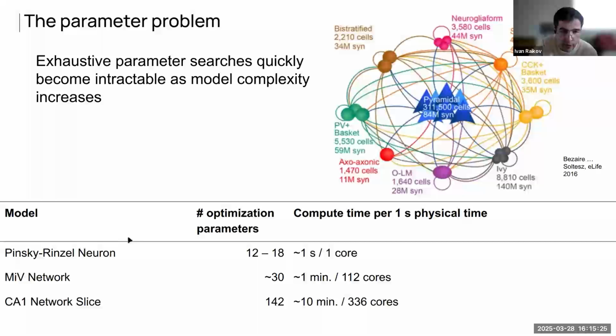So in order to evaluate even a moderately sized network, we now require tens of minutes on multiple cores and supercomputers. So efficient optimization and efficient directed parameter searches are very important when dealing with these systems.